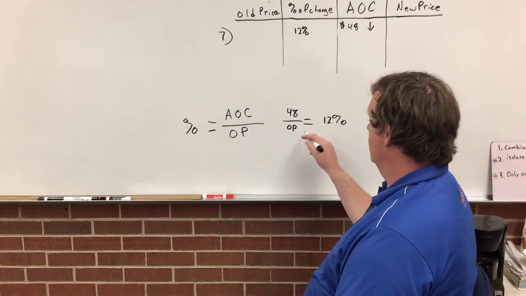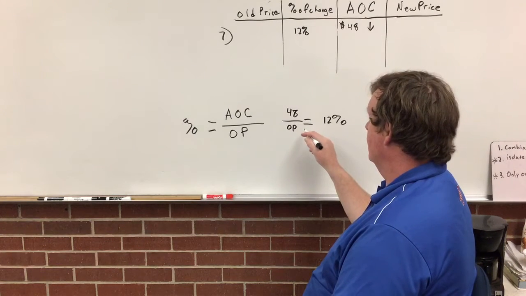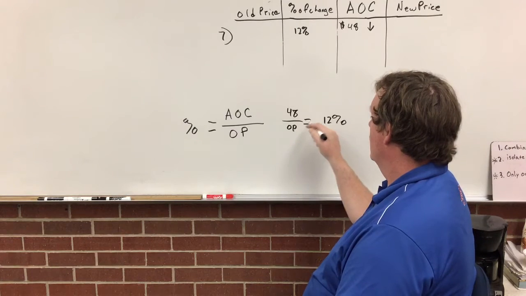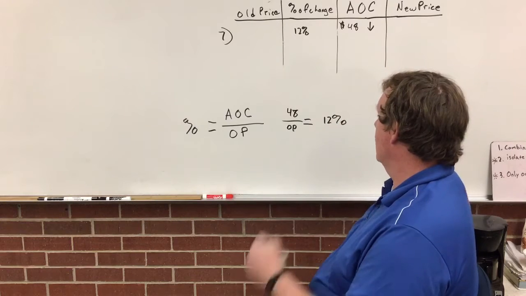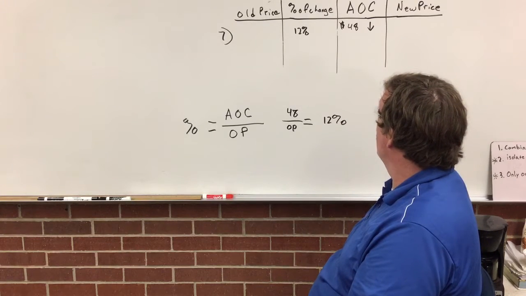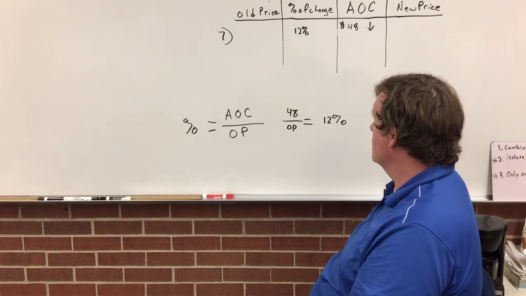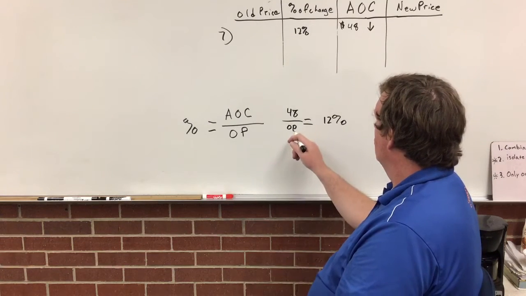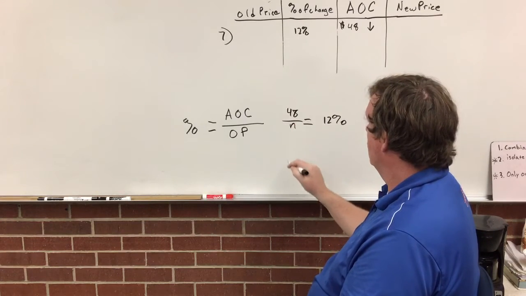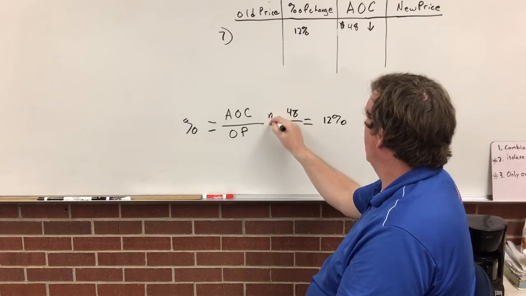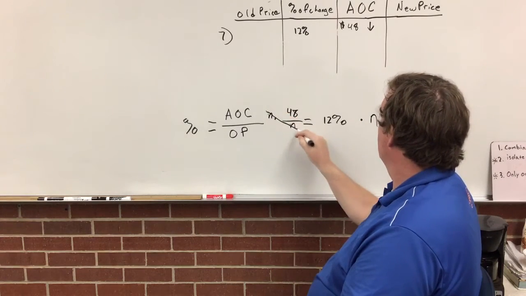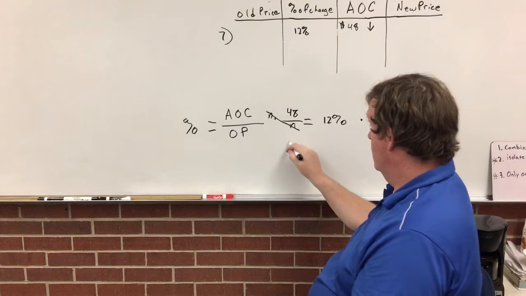Let's think about this. We have to swap out the old price and the percent sign. So to find out what the old price is, if I made the old price n, and I multiplied by n on both sides, I could cancel that out.